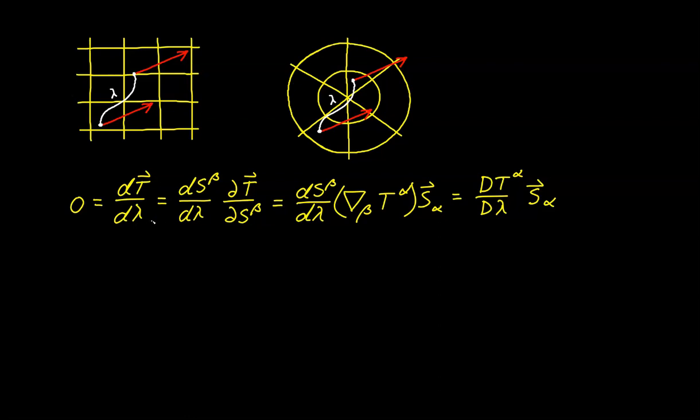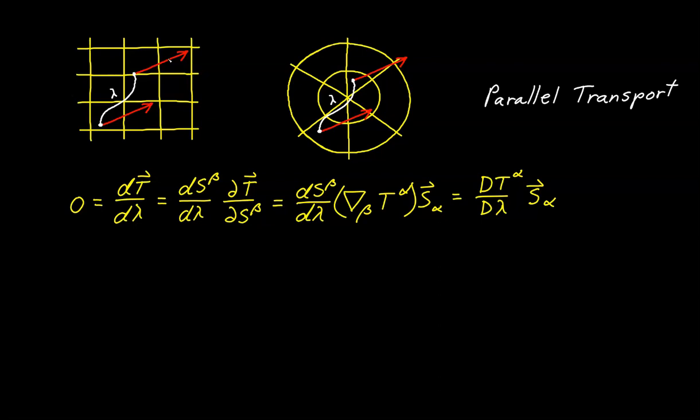So rather than go through that whole thing again, I just refer you back to video number 41 where we defined the intrinsic or the total or the absolute derivative. And this is the way we analyzed it back in that video. So for this process, what we're saying is that all along this curve, we need this intrinsic derivative to be equal to 0. And that process will be known as a parallel transport.